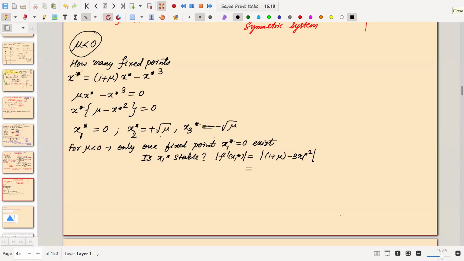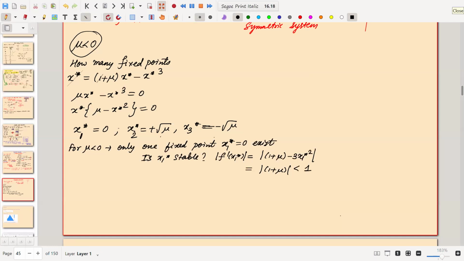So what is x1 star? 0. So what you will have is 1 plus mu. And mu is less than 0. If mu is less than 0, modulus of 1 plus mu should be greater than 1 or less than 1? Less than 1. Sure, 1 plus mu is less than 1.